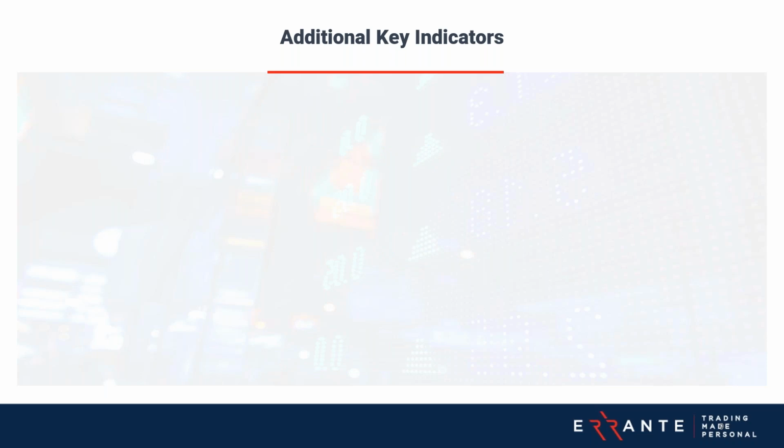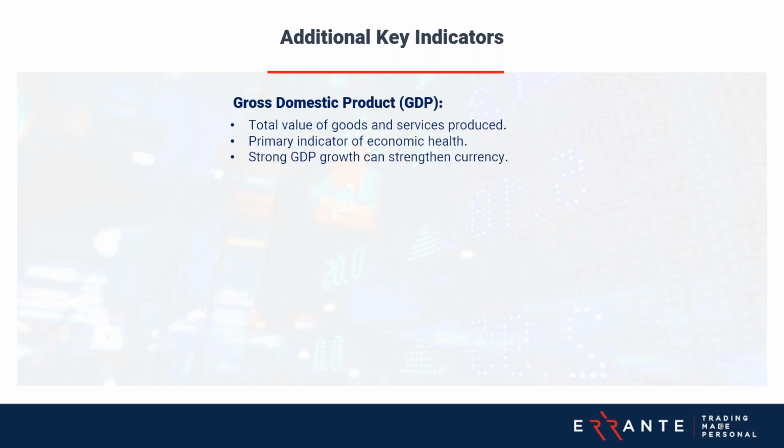Here we are going to look at the additional key indicators. Continuing our exploration of key economic indicators, let's look at a few more that play a significant role in shaping market dynamics.